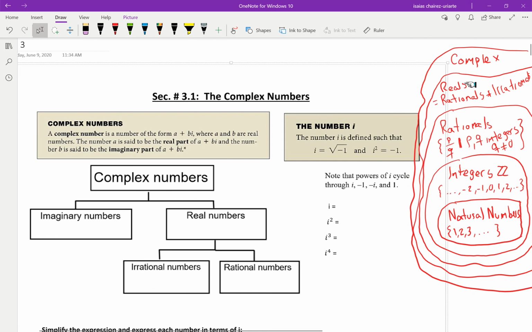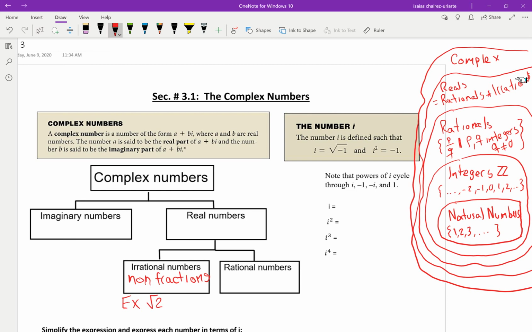It turns out that the reals are the union of all rationals plus all the irrationals. So what's an irrational number? Irrational numbers are non-fractions. There are some numbers out there that cannot be expressed as a fraction. An example of an irrational number would be the square root of 2.